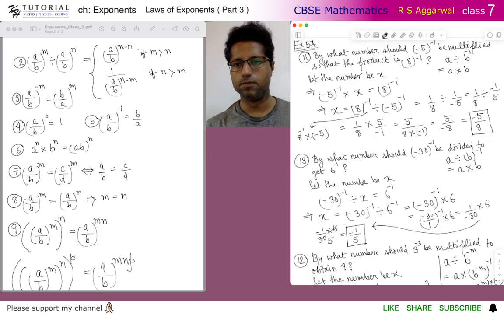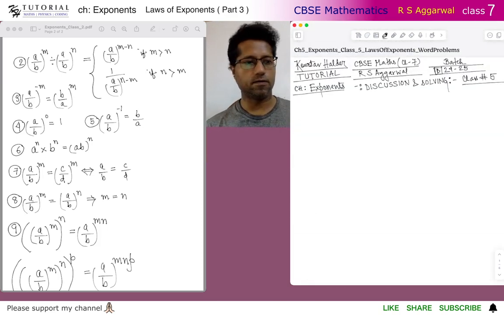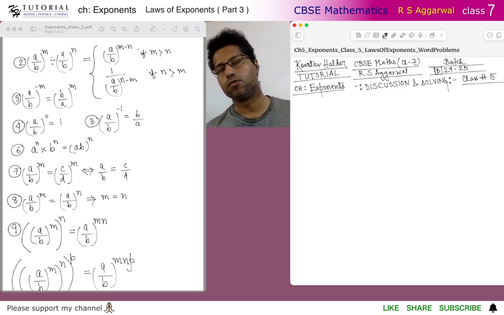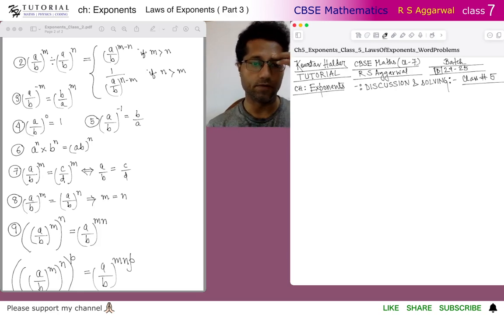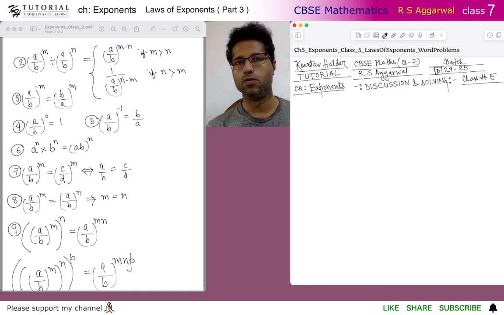These are all word problems, and there are a few more topics left on the chapter exponents. The next topics will be expressing large numbers as exponents, then large numbers in standard form, and then square root, and probably cube root. I have to check the textbook. Once those concepts and problems on them are done, I have to solve more problems on simplification of expressions with exponents, powers, and solving for unknowns.